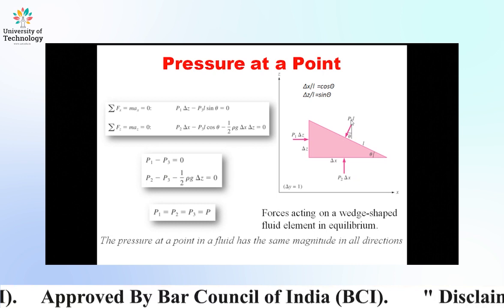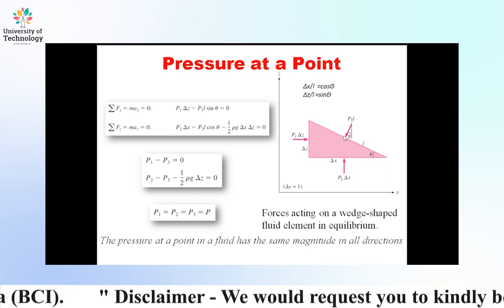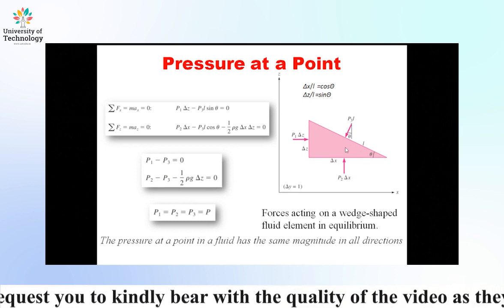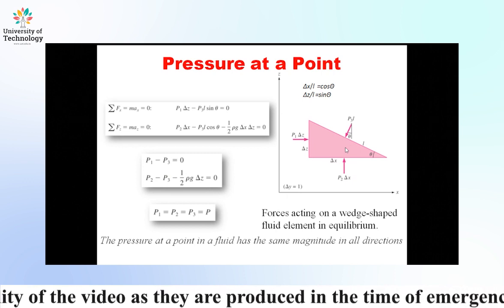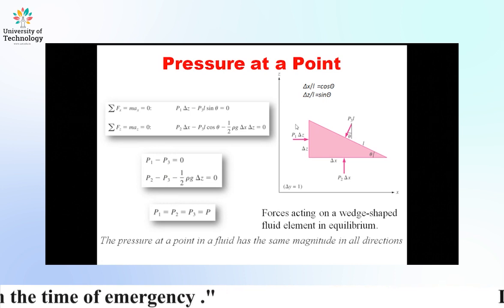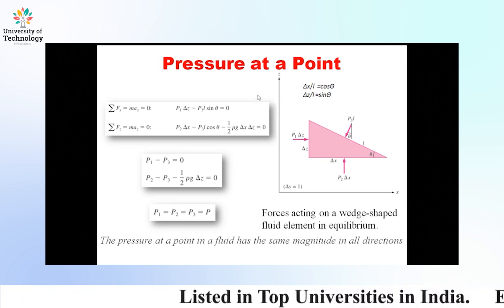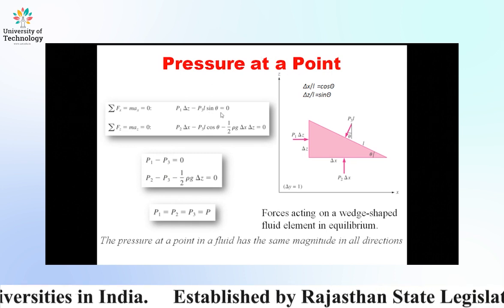So force is equal to P3 into L. And W acts at the center of gravity of this fluid element. Now we apply the equilibrium condition for a static fluid element. The summation of force in the direction of x is equal to 0, and the summation of force in the direction of z is equal to 0.